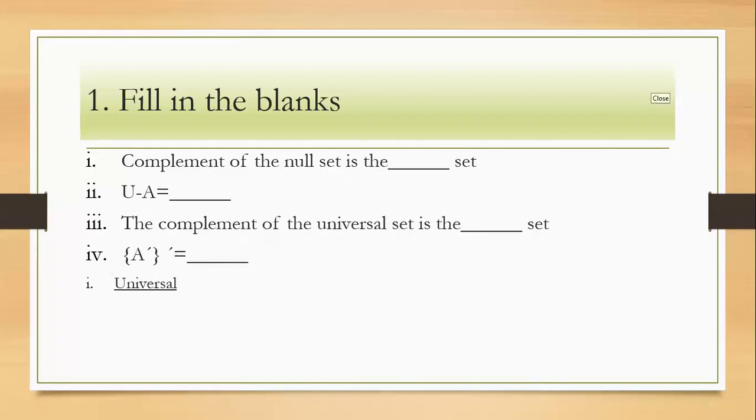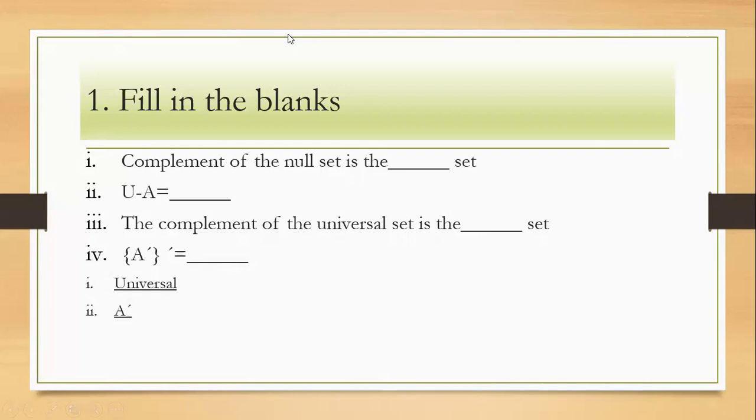When we are subtracting A from U, what is it called? Very good. It is called A dash. Excellent. Now the complement of the universal set is the dash set.